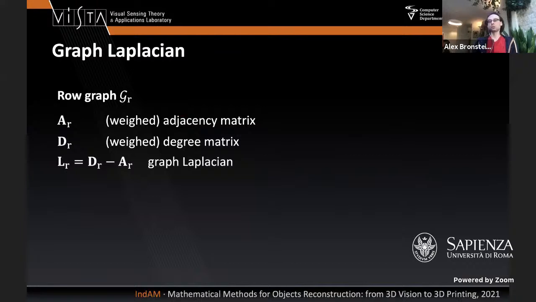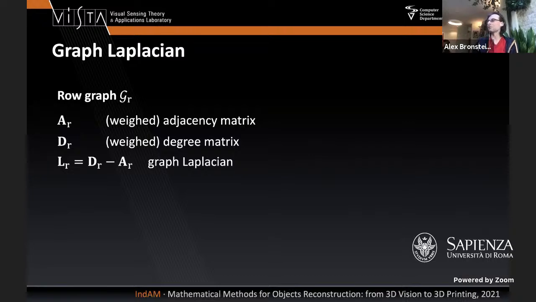Okay, so just to introduce some simple math, in order to express this band limitedness prior, I would like to eventually express it in the spectral domain. I will just assume that I have some Laplacian that I can associate with the row graph. So if I denote the potentially weighted adjacency matrix by AR on the row graph, and DR will be the diagonal weighted degree matrix, then DR minus AR will be the graph Laplacian.